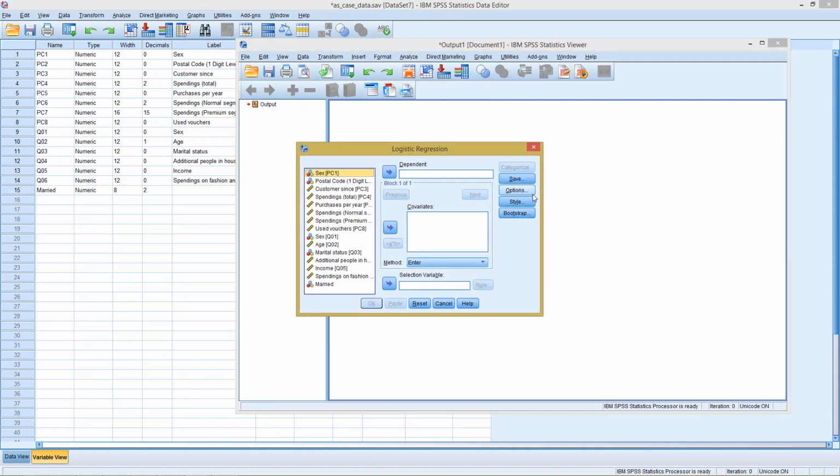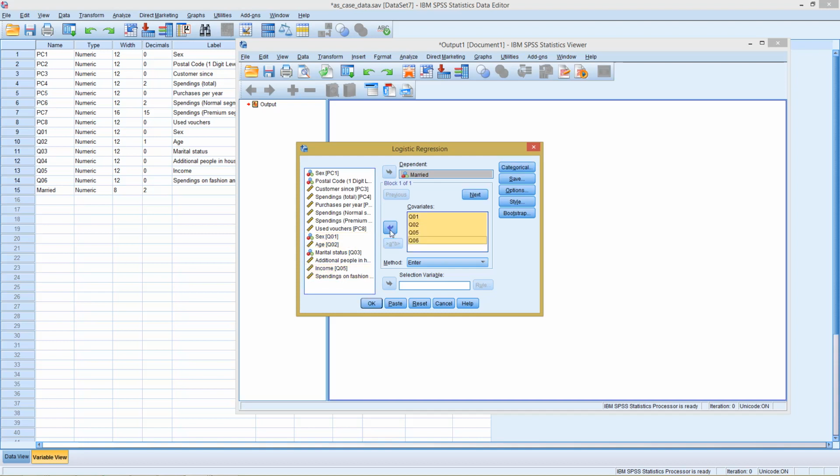But we go here with the binary logistic, and the idea we want to follow here is to get an idea what might impact the fact that someone is married. As covariates, we select income, age, gender and how much they spend on fashion and clothing.